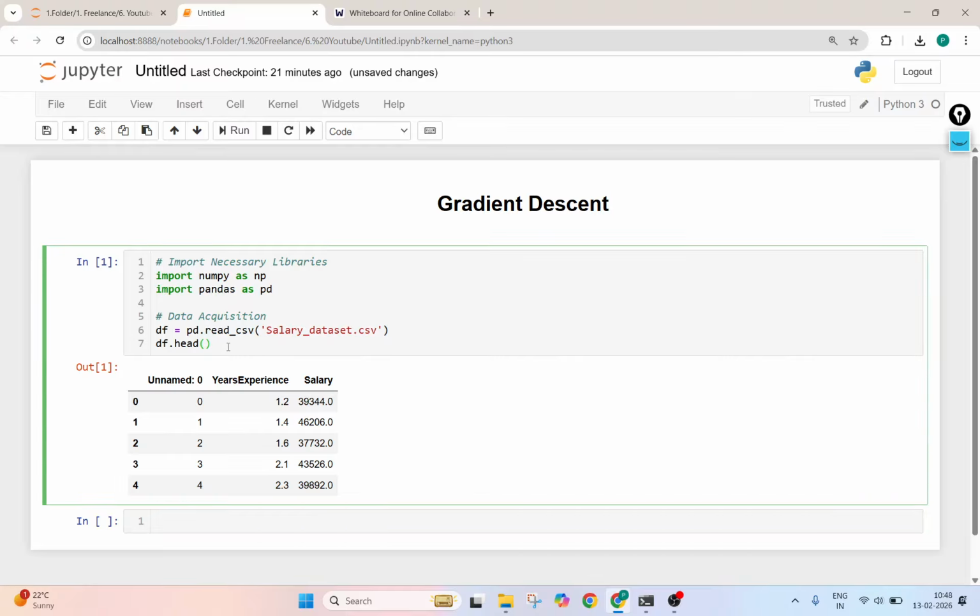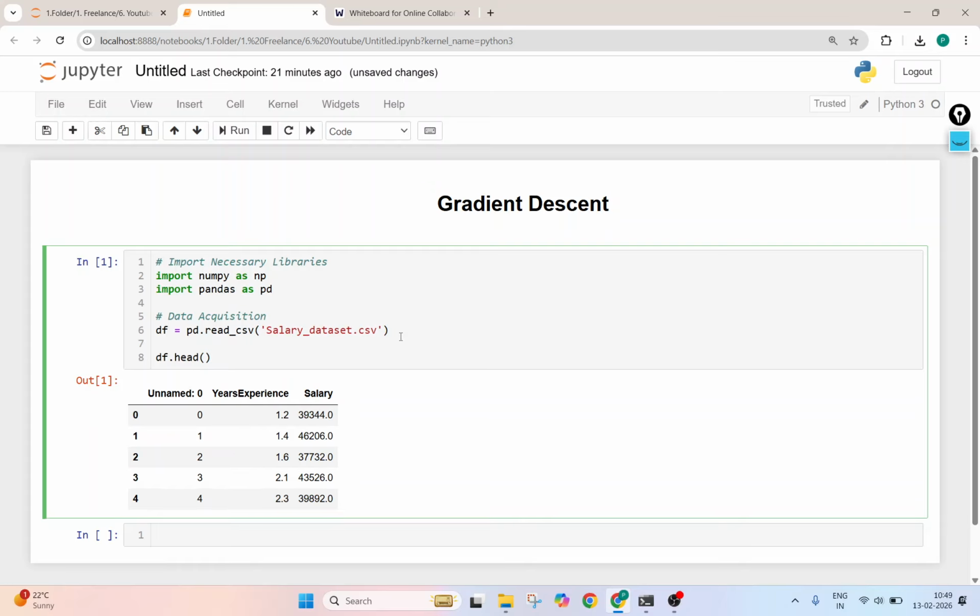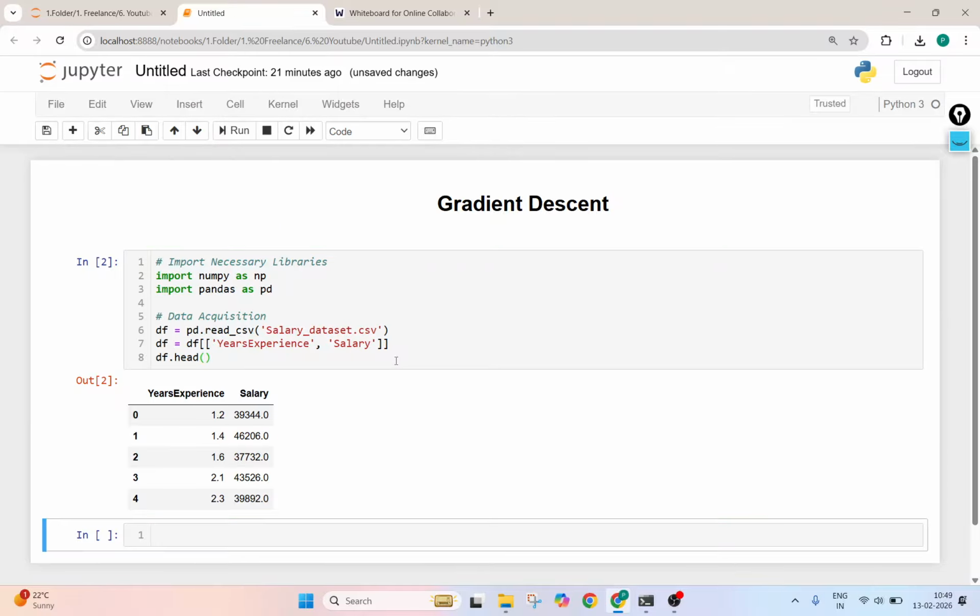So let me just take the years of experience and salary only. So df equals df of years of experience and the salary. That's all. So now it looks very clean.